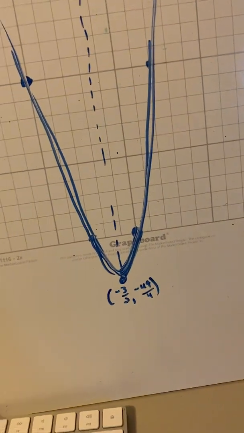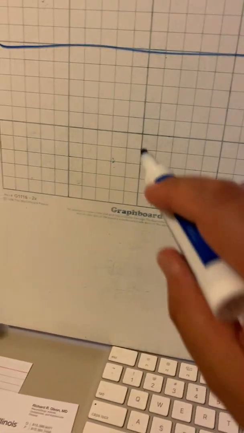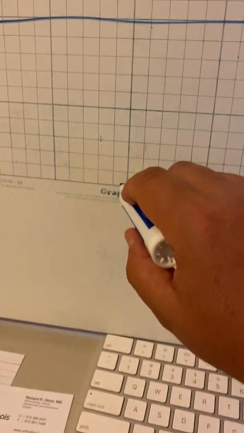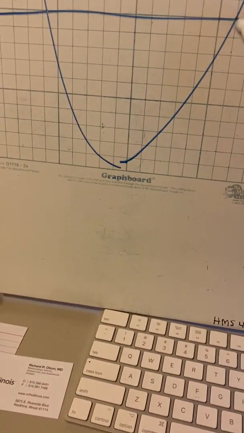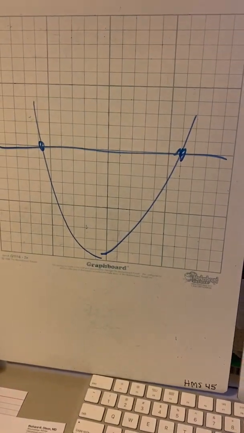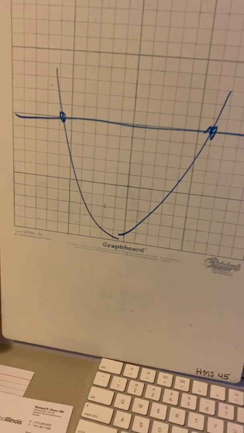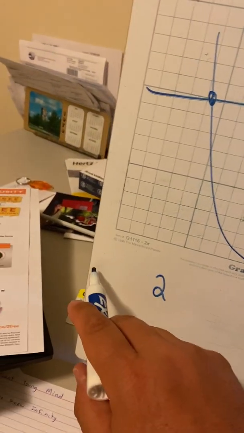Now for the x-intercept, you have three different answers that you can get. Let's quickly look at this. Here's your x-axis. You can have a graph that opens like this one and has 2 points where it crosses the x-axis, so you can have 2 x-intercepts.